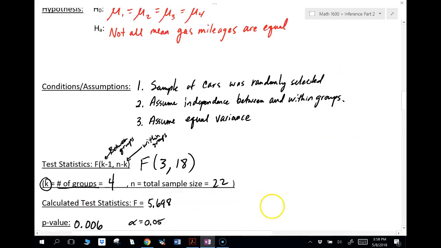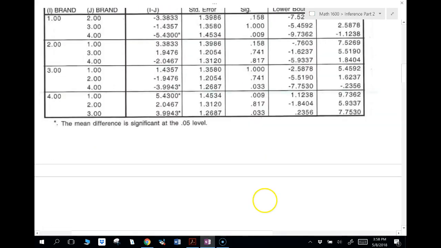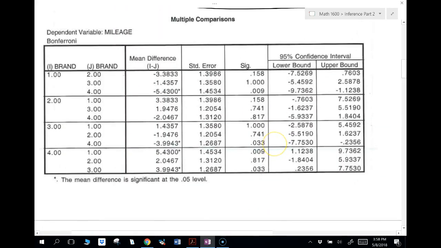So if we go back up here, we have the output of multiple comparisons. And this right here is brand 1 compared to 2, compared to 3, and compared to 4. What we're looking for are one of two things.